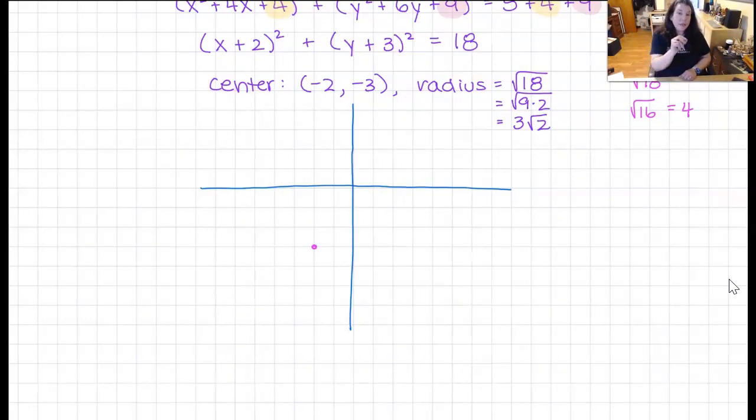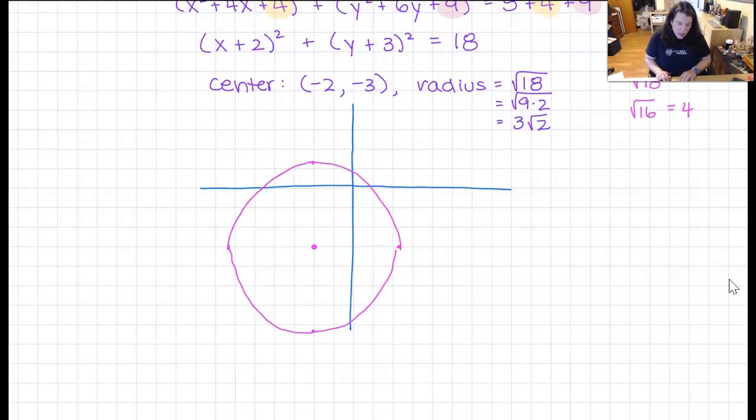I'm going to go a little bit more than 4 up, down, left, and right, and just draw your circle. Oops. And there you go. Oh, it's a crummy circle, but you get the idea.